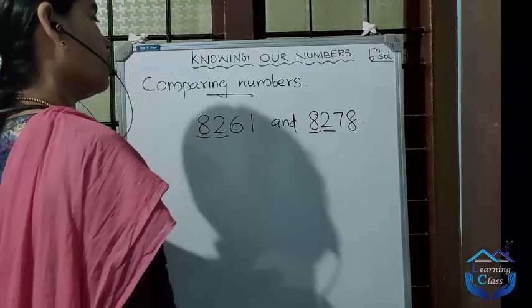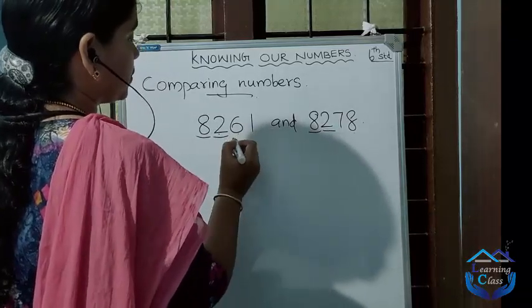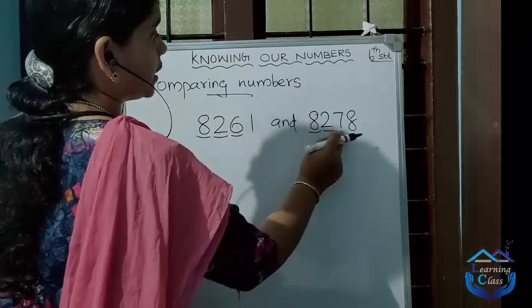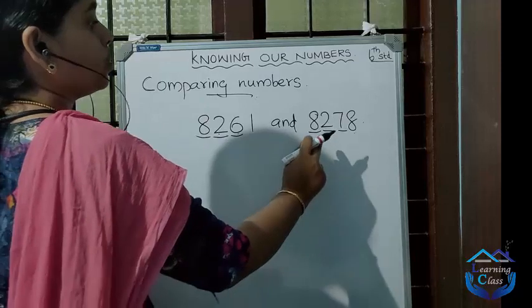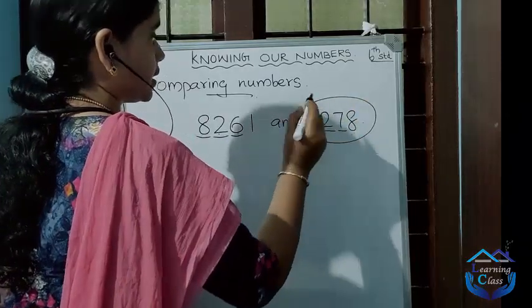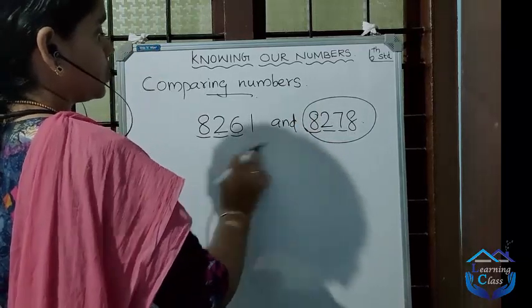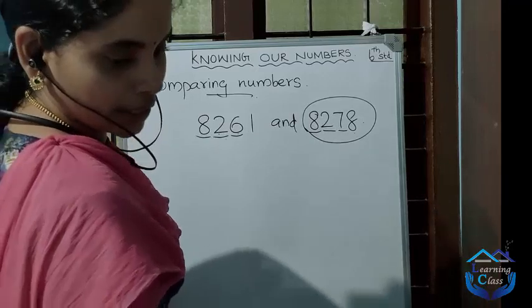So we move on to the tens place number. Here tens place number is 6 and here tens place number is 7. Clear. So from this we can say that this is the greatest number of these 2 numbers. Let me check with another example.